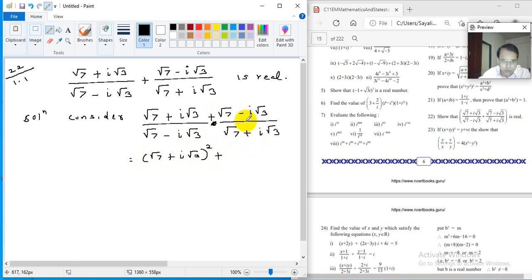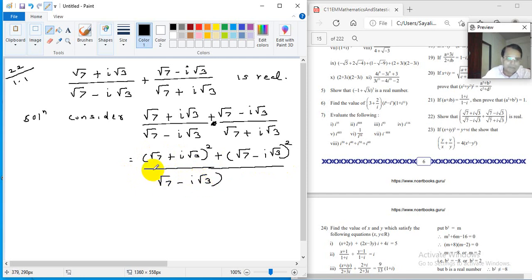plus, here also cross multiplication, root 7 minus I root 3 bracket squared, and then divided by root 7 minus I root 3 in one bracket, into root 7 plus I root 3 in another bracket.